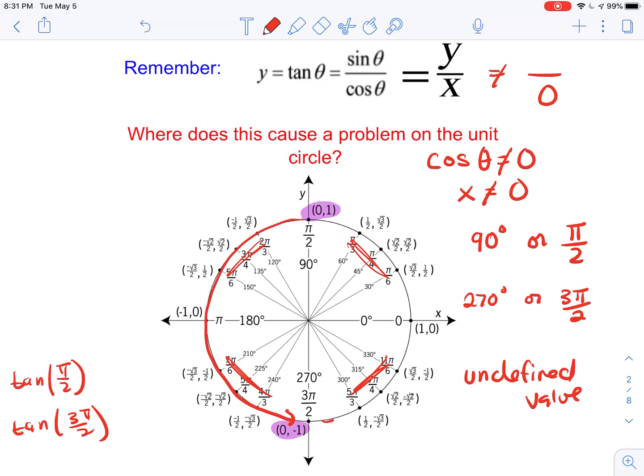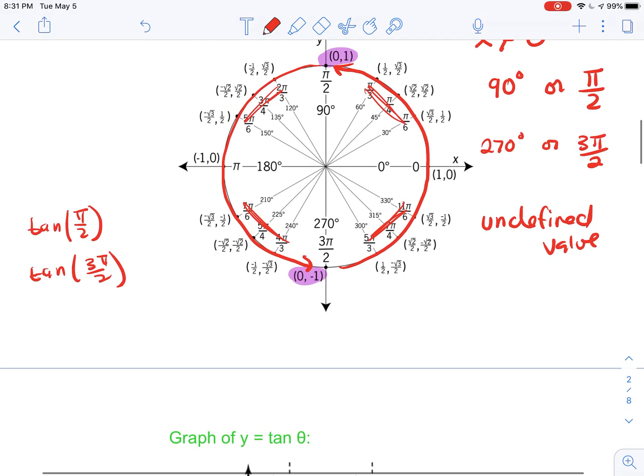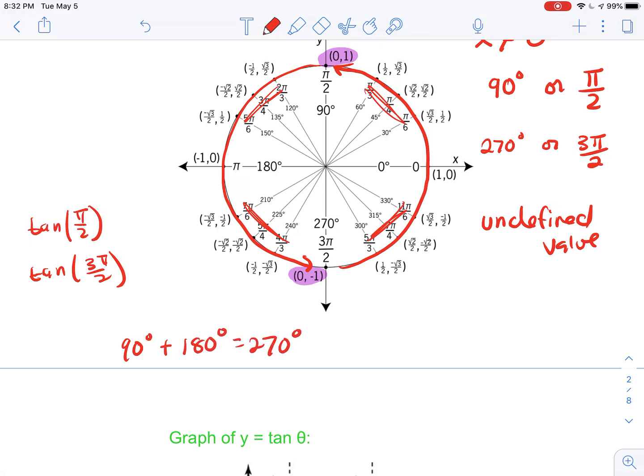Okay, so now if we look at the way the unit circle is structured, it looks like every 180 degrees we are going to get to another coterminal angle of either 90 or 270. Okay, so if we want to find more values that don't work, if we're working with degrees, if I add 180 to 90, it'll give me 270, which we know doesn't work.